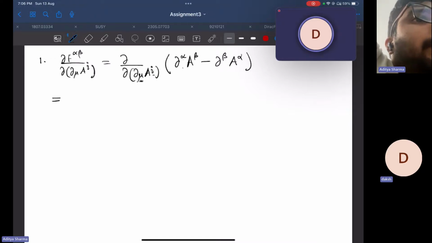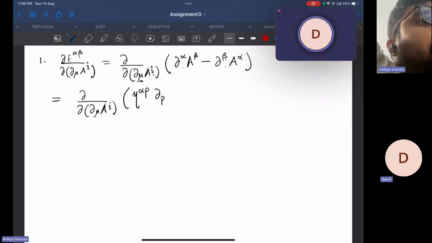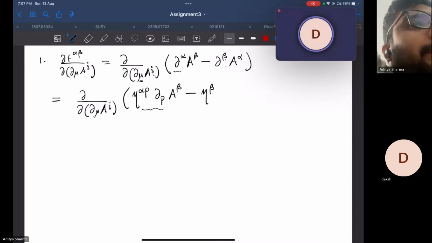You want this alpha and this beta to be down, and there you're going to use eta_alpha p, suppose. So this is ∂_p. This thing is nothing but this. Similarly here, eta_beta p ∂_p.